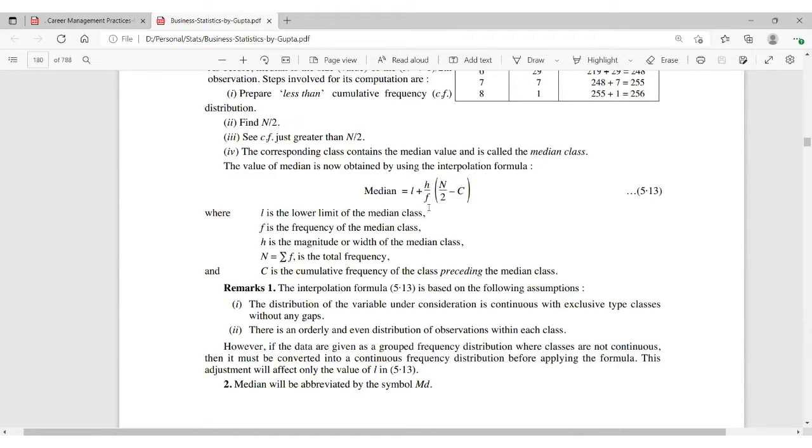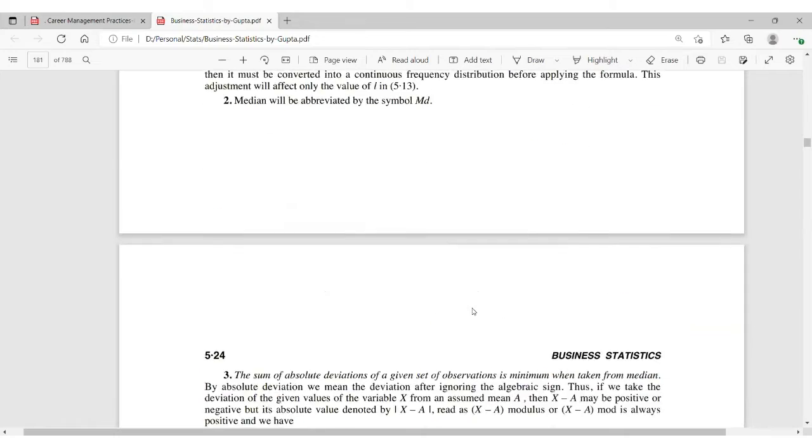N by 2, I already told you, n is the total number of cases, so by 2. Minus c, where c is the cumulative frequency preceding the median class.